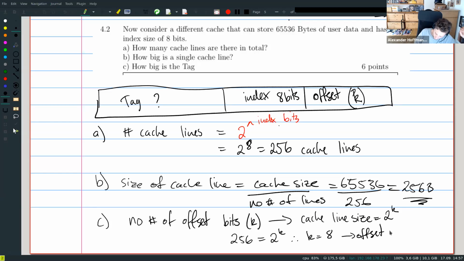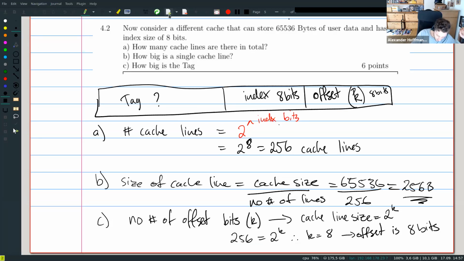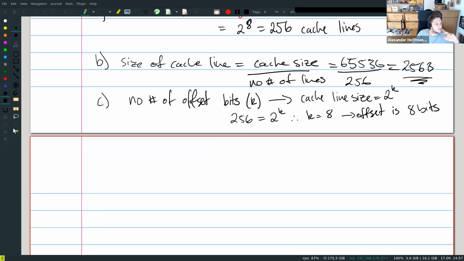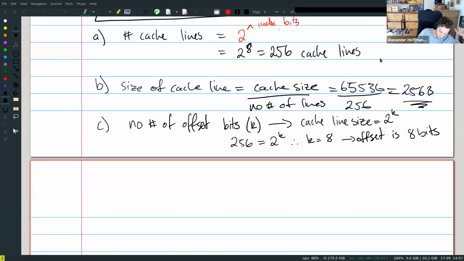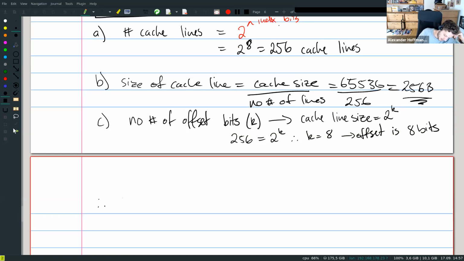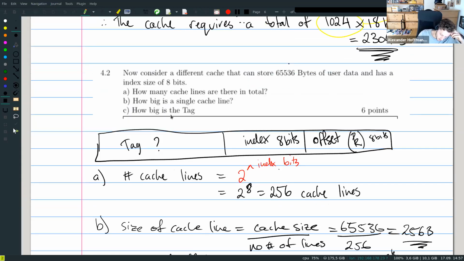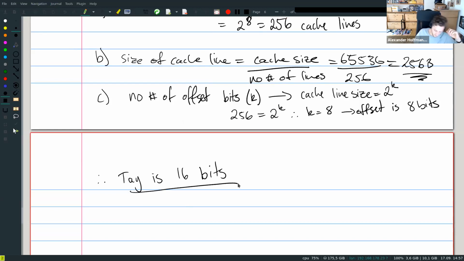Offset is 8 bits. So then how big is our tag? Yes, right? 8 plus 8, therefore tag is 16 bits. And that's the answer. So that's the end of that question.